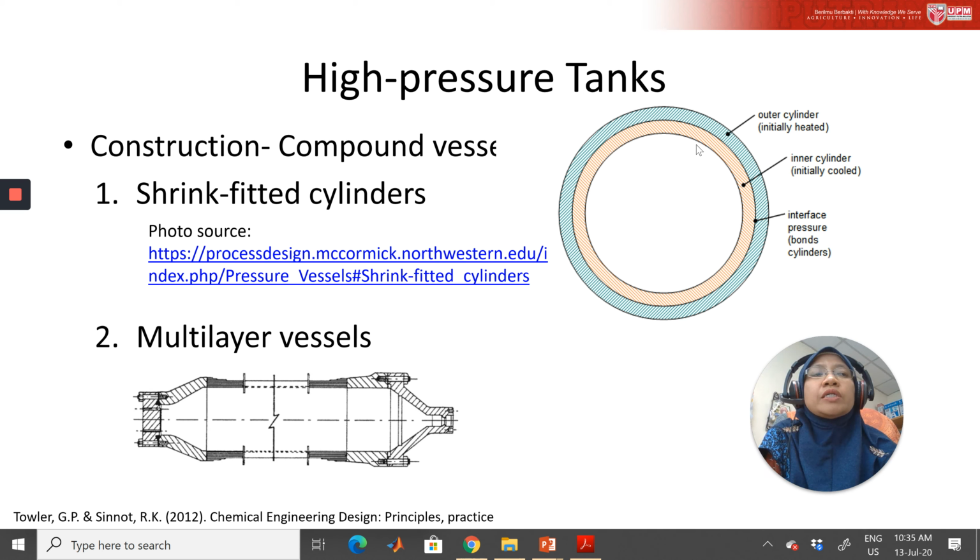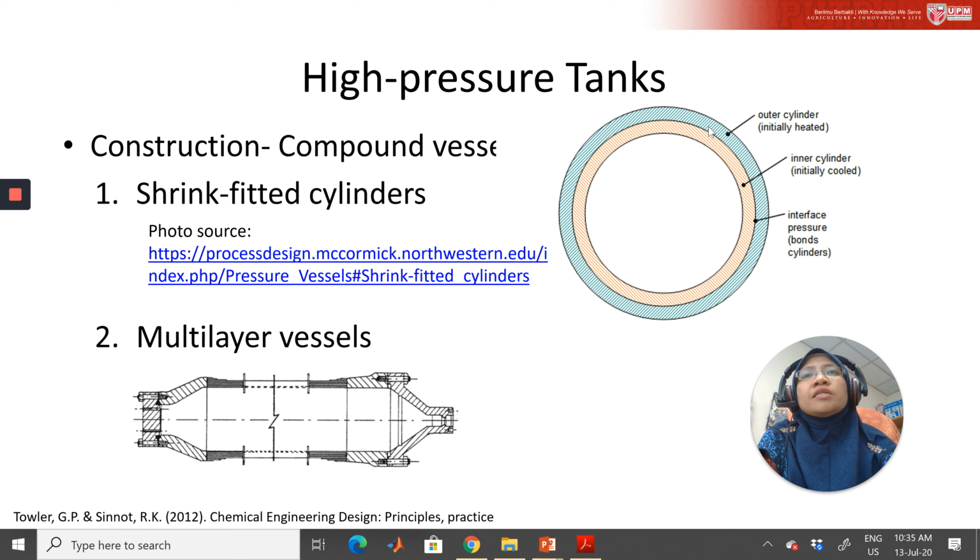That is how the fabricator inserts the inside tube into the outside tube. And then on cooling, the outer cylinder contracts and places the inner under compression.